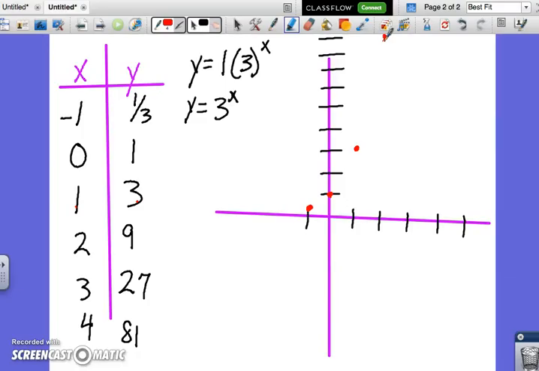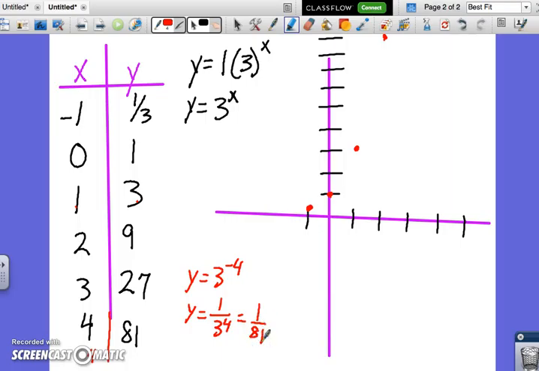I wonder what would happen if we pick something like -4. That would be y equals 3 to the -4 power. Rules of exponents: that's 1 over 3 to the 4th power. 3 to the 4th power is 81, so that would be 1 over 81.